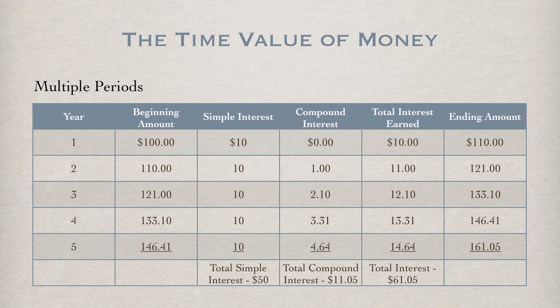We find that if we earn 10% on our investment of $110, we end year 2 with a total of $121, of which $10 is attributed to simple interest and $1 is attributed to compounding. We continue this trend until the end of our investment period, where we are left with $161.05 at the end of 5 years.